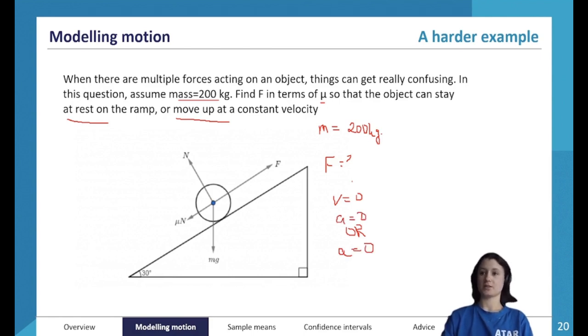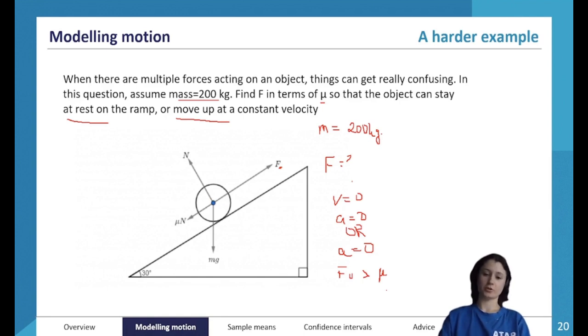Alright, because it's constant velocity. If the velocity isn't changing, it means the acceleration is 0, right? Because the acceleration is the rate of change of the velocity. And if it's moving up the ramp as opposed to down the ramp, it would mean that the force up the ramp is greater than mu.